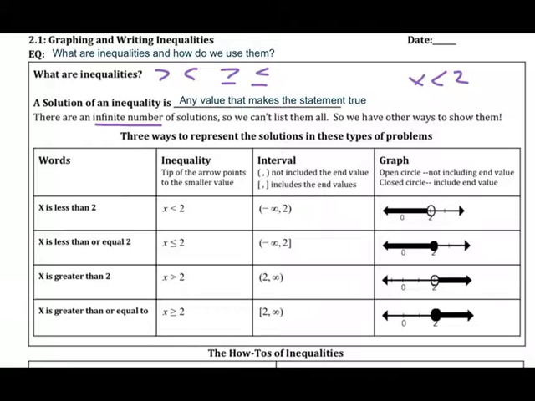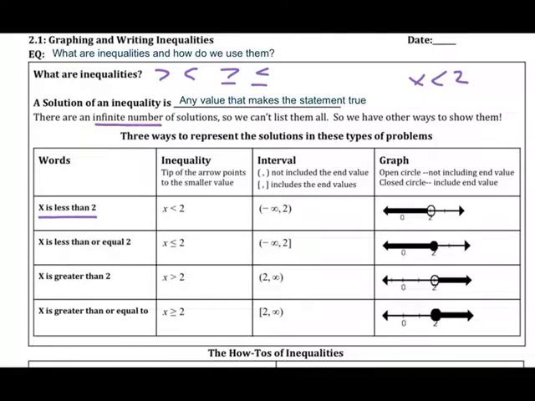So let's look at how we can represent an inequality. First, we're going to look at the words, then we're going to see 3 different ways that those words could be described using mathematical symbols. The one that you have probably seen the most is actually the inequality. The words in this first part say x is less than 2.